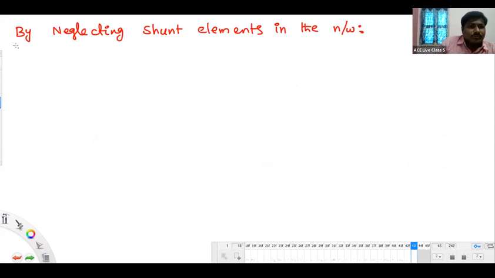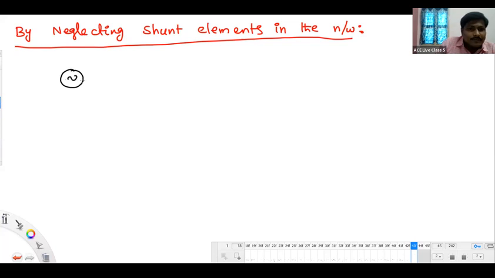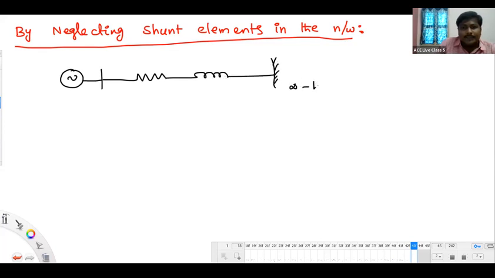Observe it. By neglecting the shunt elements, I can say this is the generator, this is R plus JX, and this is your infinite bus.